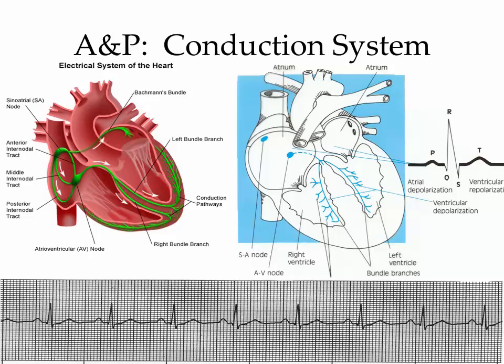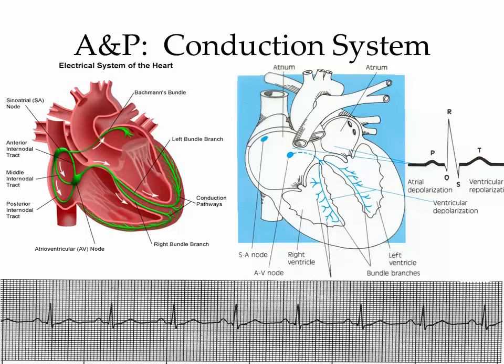The electrical current starts in the SA node, or the sinoatrial node, is transmitted to the AV node, or atrioventricular node, to the bundle branches, and then into the Purkinje fibers. Now, I don't expect you as part of a test to be able to name that off. But I do want you to understand that the sinoatrial node is the primary site for that electrical conduction.